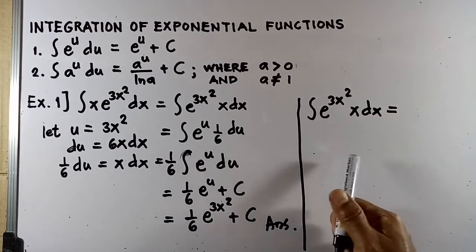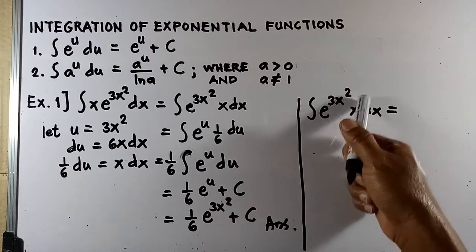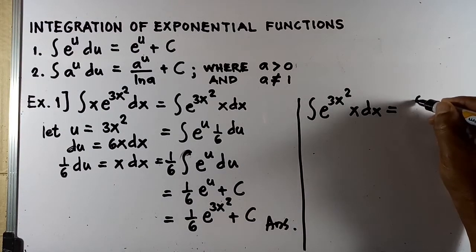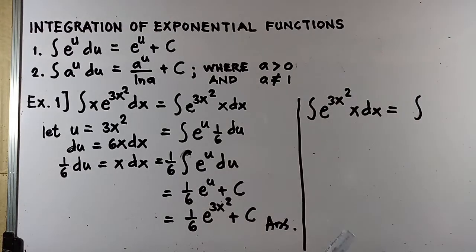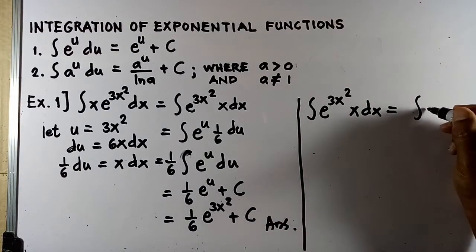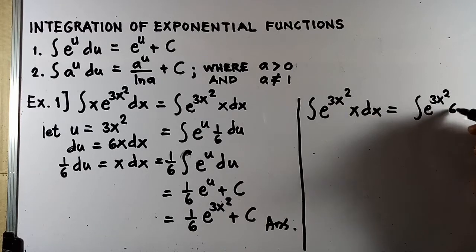So, dahil kulang ng 6 yung derivative ng 3x squared, so ang gagawin natin ay magmumultiply tayo ng 6 para makompleto yung derivative ng 3x squared. So, e raised to 3x squared, so times 6x dx.